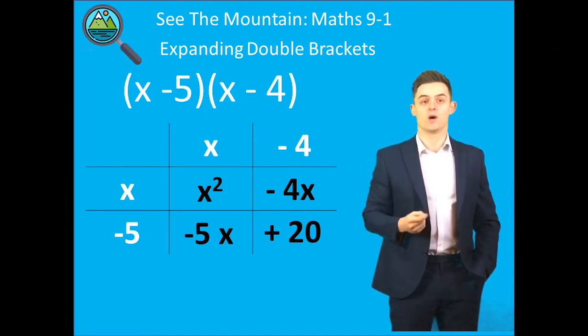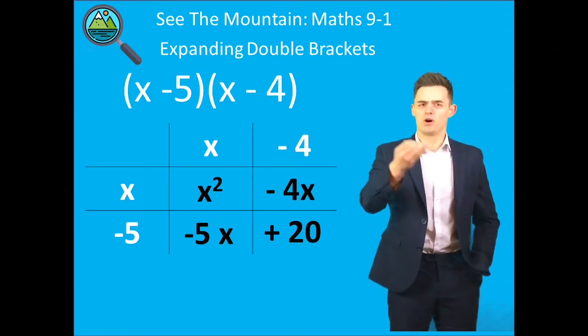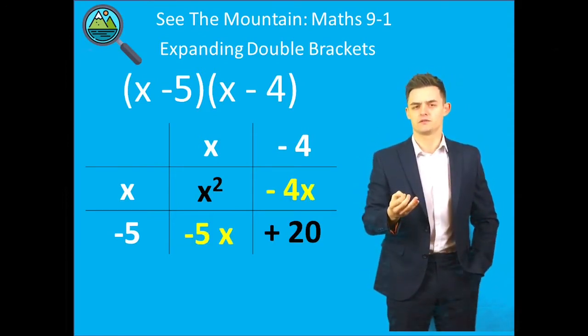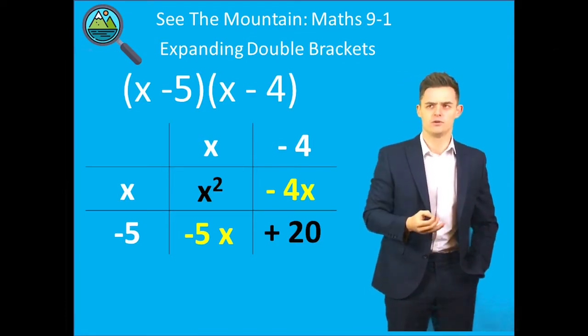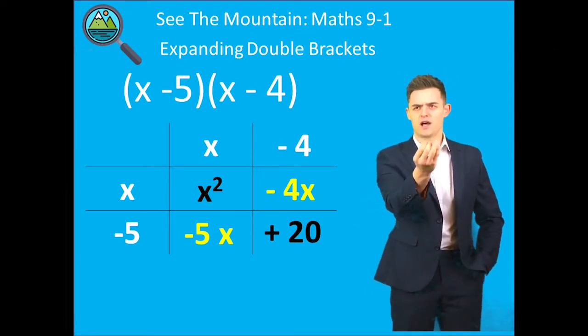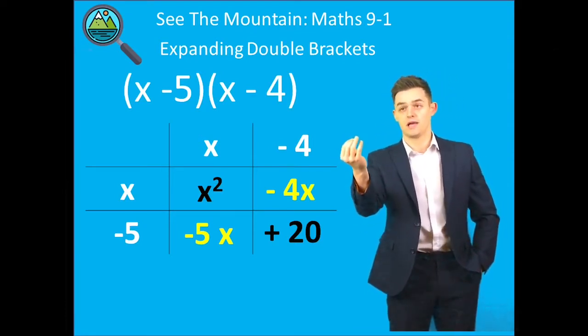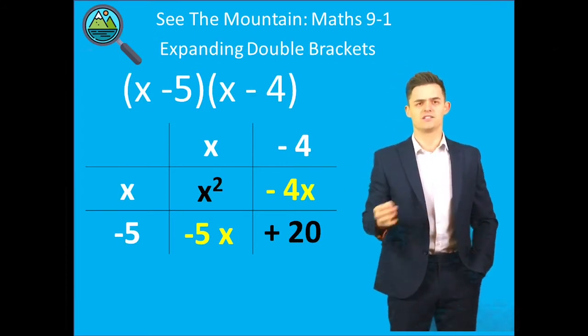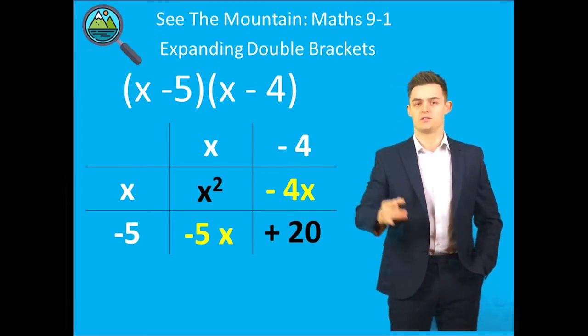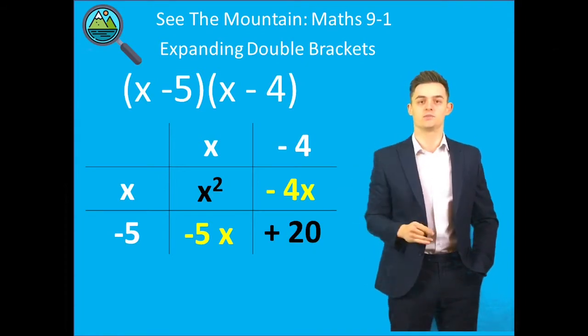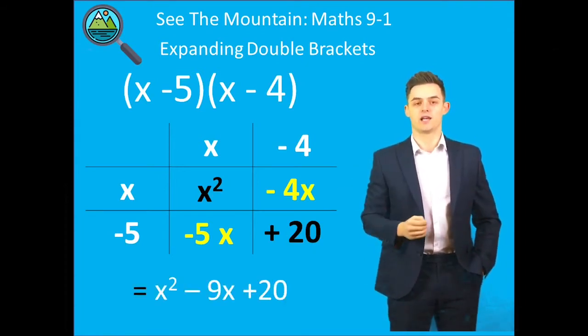So we've got x squared, then we've got minus 5x plus minus 4x. That actually gives us minus 9x. Remember, we can simplify those like terms. So our final expression looks like this: x squared minus 9x plus 20.